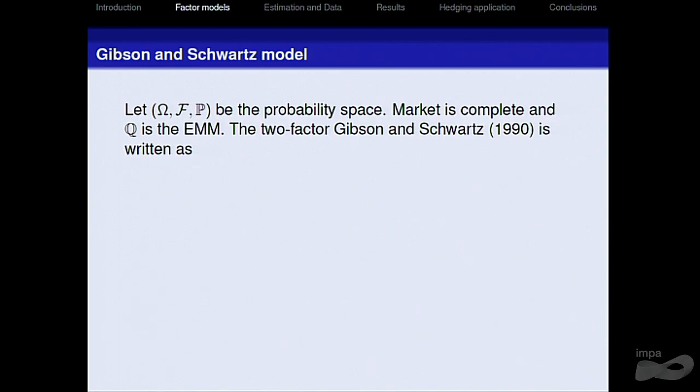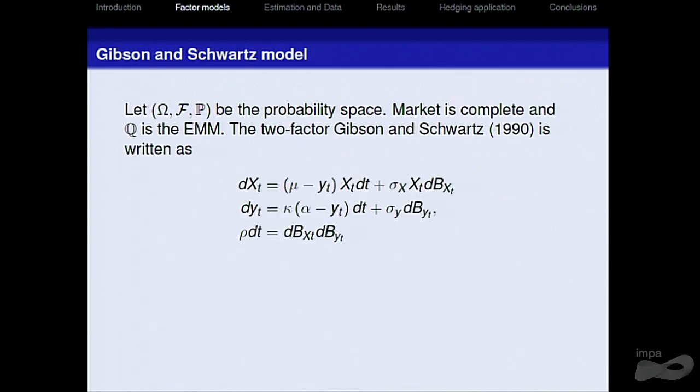Back to the Gibson and Schwartz model, it's a two-factor model, and the first factor is the spot price, a geometric Brownian motion. The second factor, the convenience yield, is an Ornstein-Uhlenbeck process, and alpha is the long-term average of the convenience yield. Both Brownian motions are correlated.